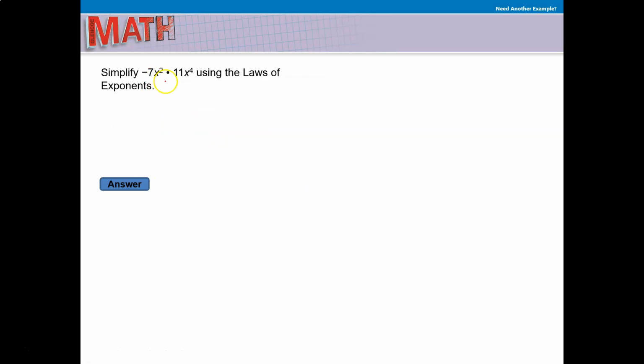Try this one. Negative 7x squared times 11x to the 4th. So you know your negative 7 would be times 11, times, you have x squared times x to the 4th.